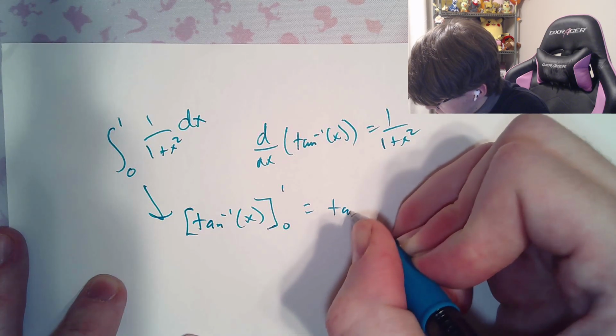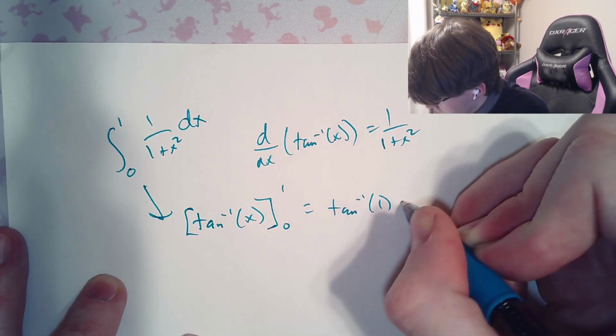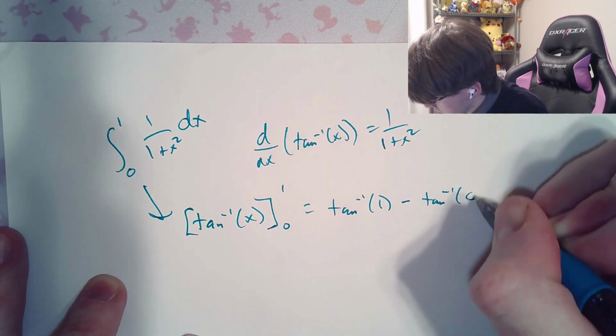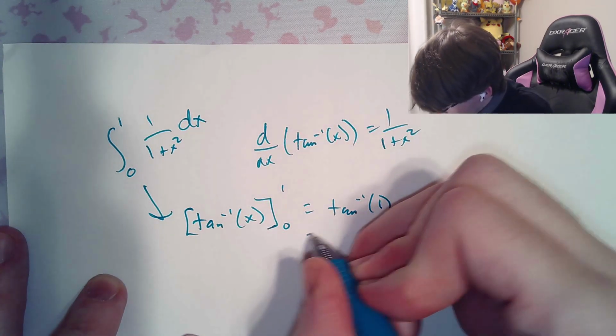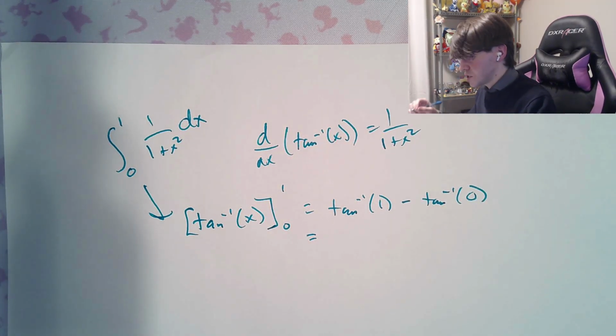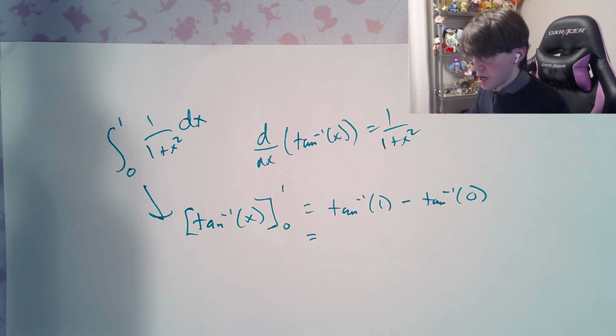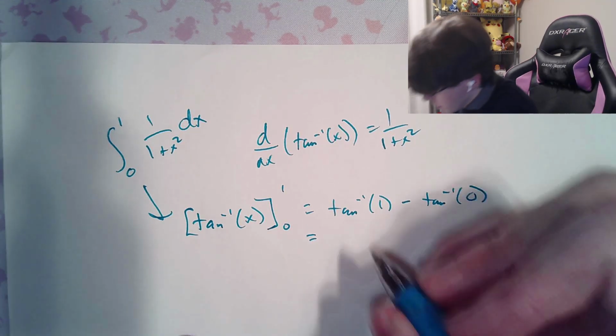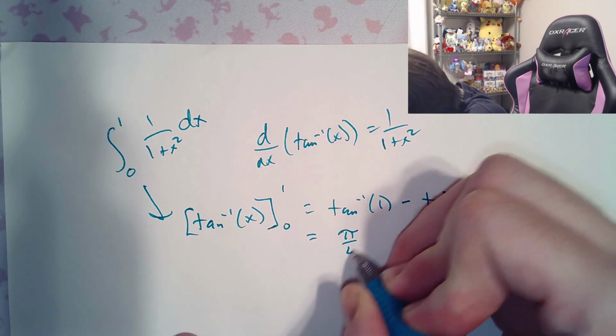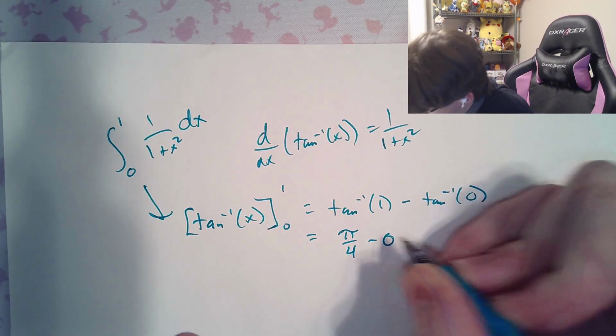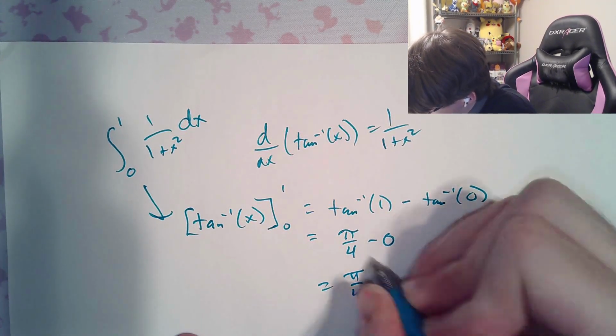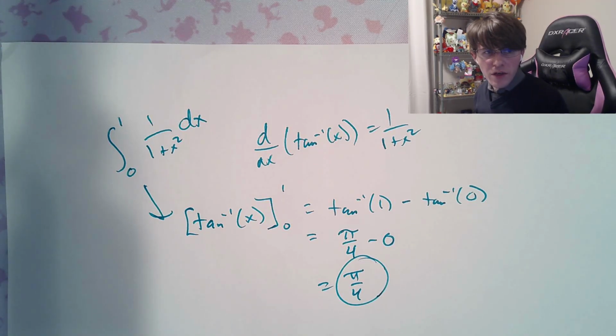So that's going to be the tangent inverse of 1 minus the tangent inverse of 0. The tangent inverse of 1 is asking yourself the question, where is the tangent equal to 1? Or in other words, where is the sine function equal to the cosine function? That is going to be true at pi over 4. Tangent is 0 at 0, so you just get pi over 4. Boom. Done with the question.